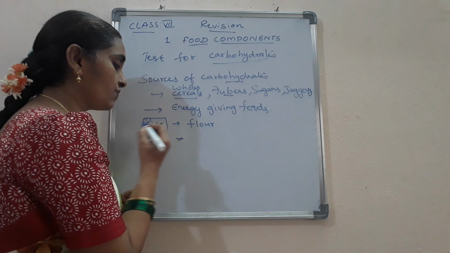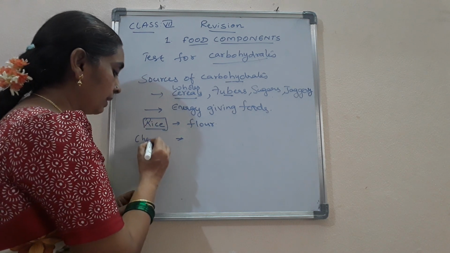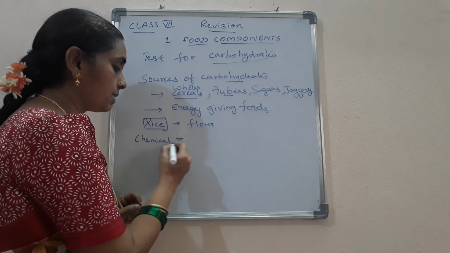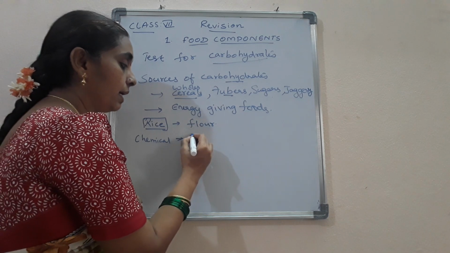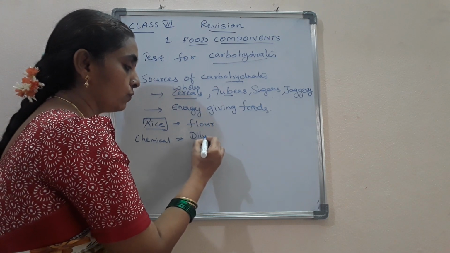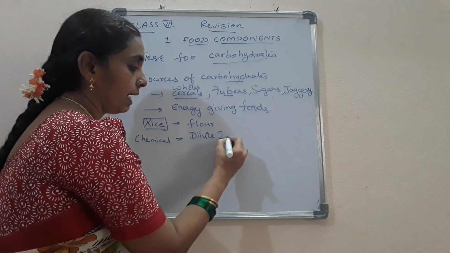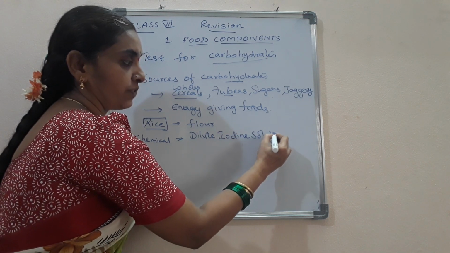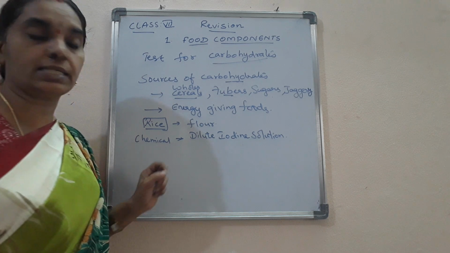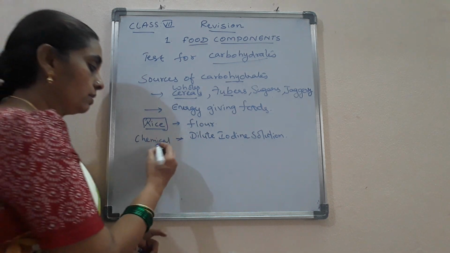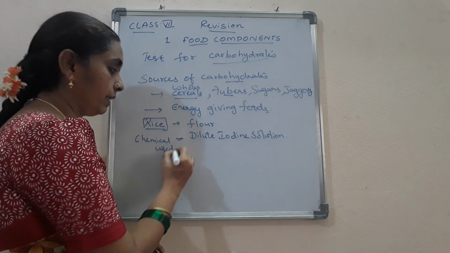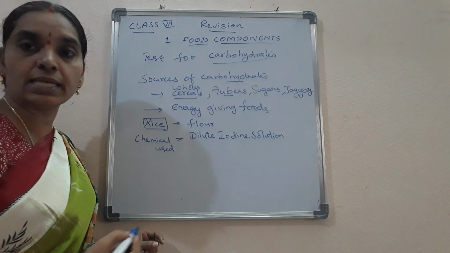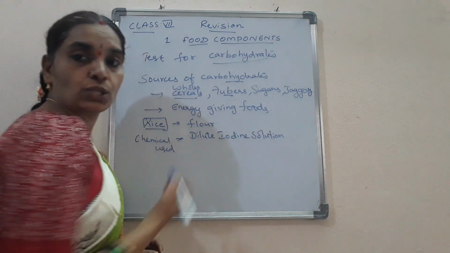The chemical substance for testing the carbohydrates is dilute iodine solution. What is it? Dilute iodine solution. So the chemical used for testing the carbohydrates is dilute iodine solution.